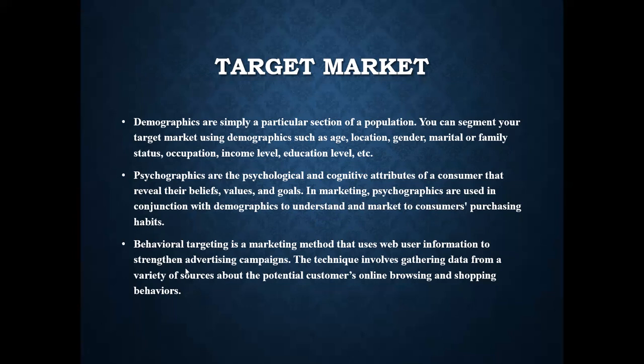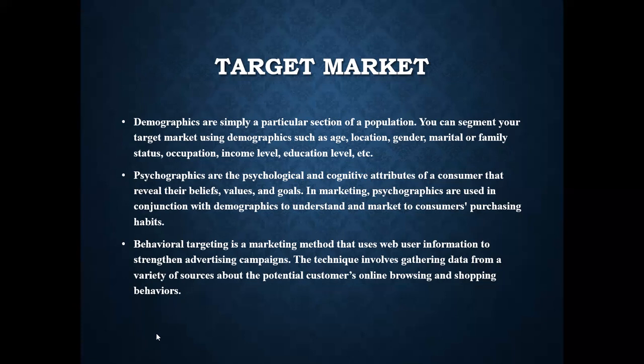Then you have, and let me just stop for a second, what you don't have here is geographics. Geographics is basically where you identify a location where you plan to operate. So the final type of tool right here is behavioral targeting.